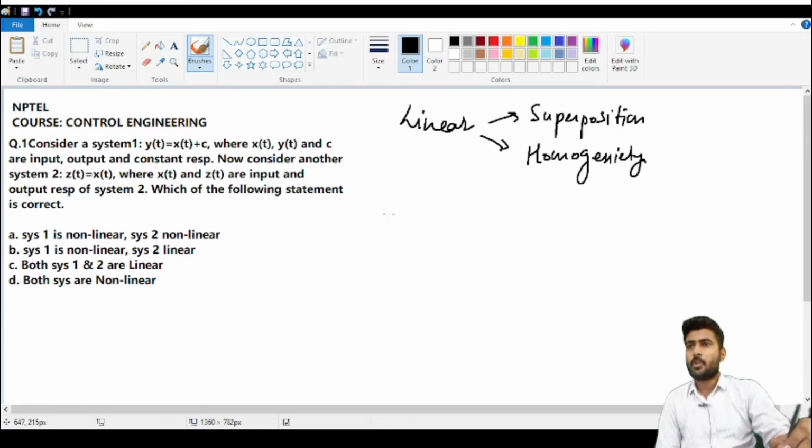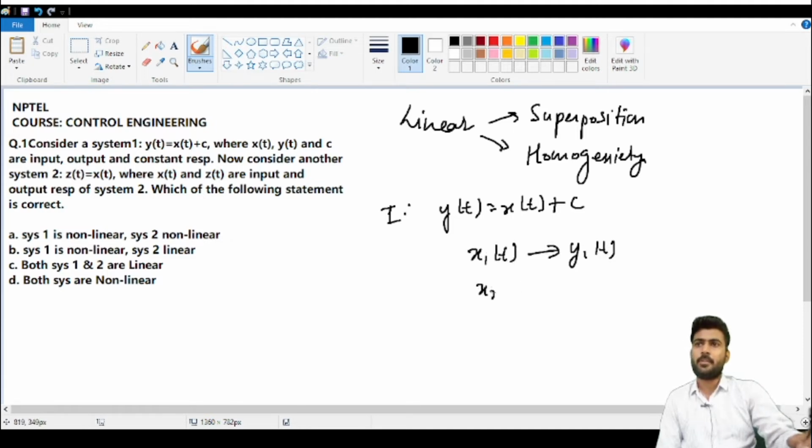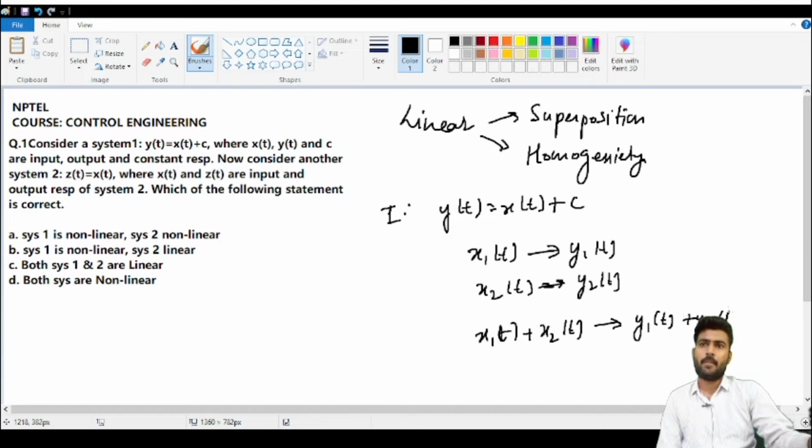Talking about the first system, y(t) = x(t) + c, we can clearly see that this particular system does not satisfy the superposition principle. According to the superposition principle, if x1 gives y1 output and x2 gives y2 output, then if we apply the input x1 + x2, it must give y1 + y2 as the output.